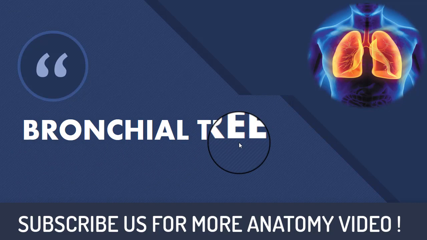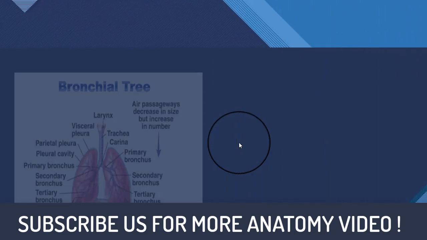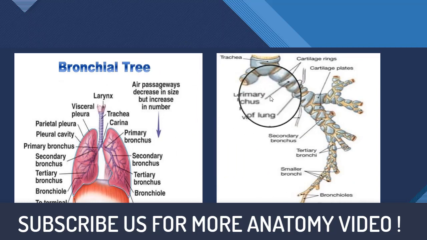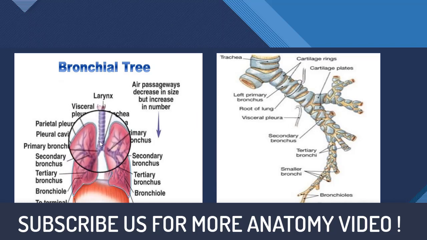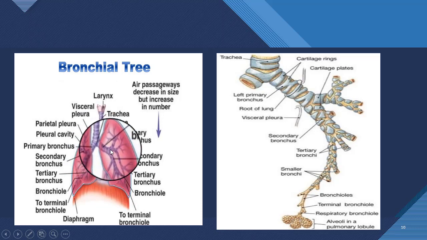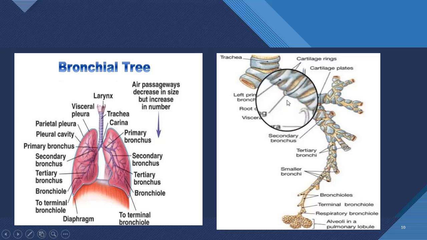So the bronchial tree is a series of passages that supplies air to the alveoli of the lungs. It begins with the trachea, which divides into the left and right bronchus. You can see here, right and the left bronchus. Each bronchus enters through the root of the lung and passes through the hilum.